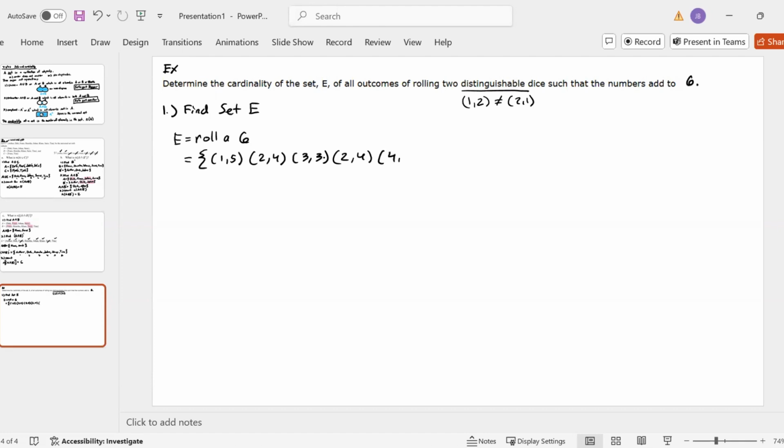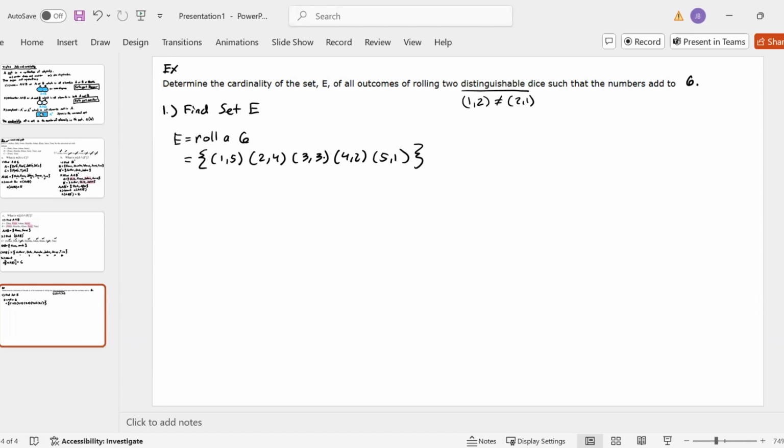I wrote the same one twice, that's why I confused myself. So 4 comma 2 and then 5 comma 1. There we go.